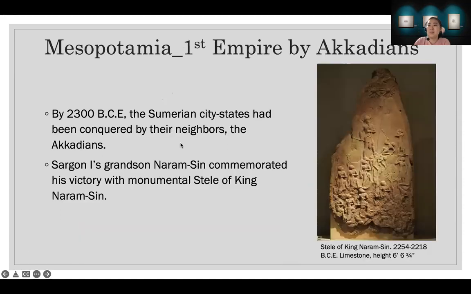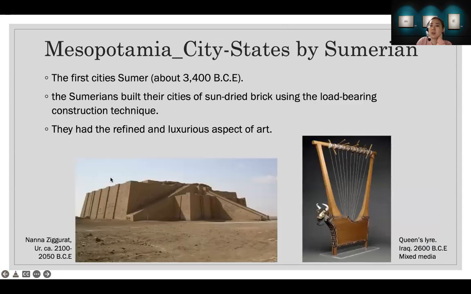All right. So now let's see the first empire by the Akkadians. I just showed you a few of the buildings and the musical instrument because they are the only things we can see now.